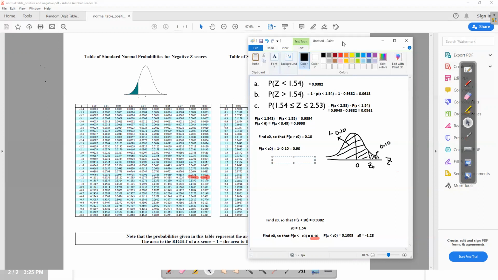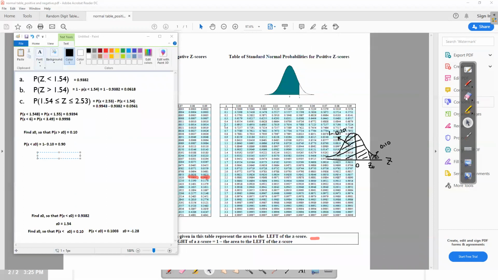So we're going to match on the Z-table with a probability of 0.90. So 0.90 is going to be between 0.8997 and 0.9015, right? So it's very similar. We need to approximate here.